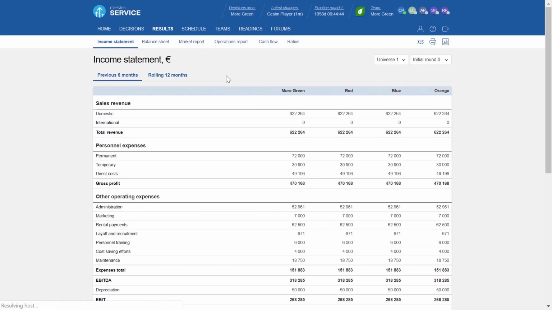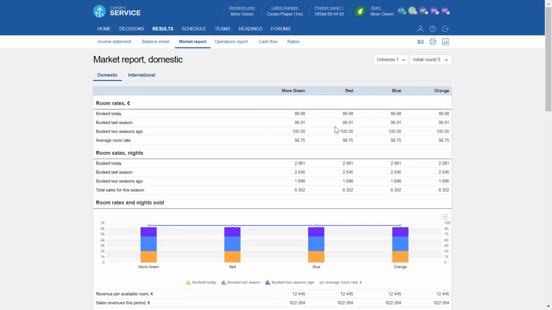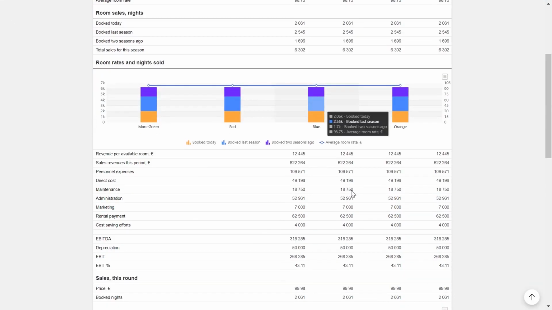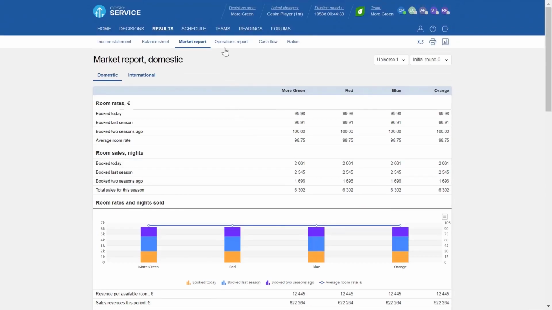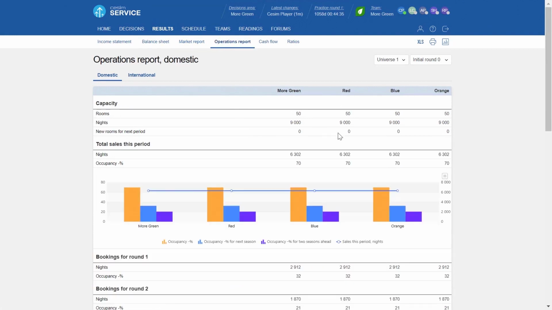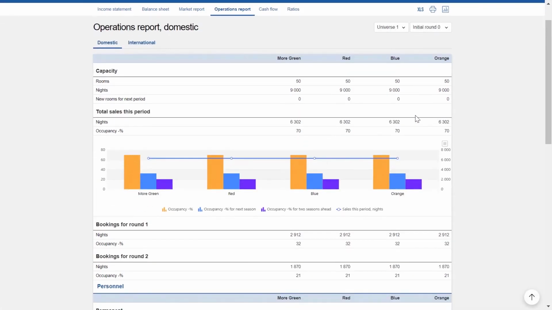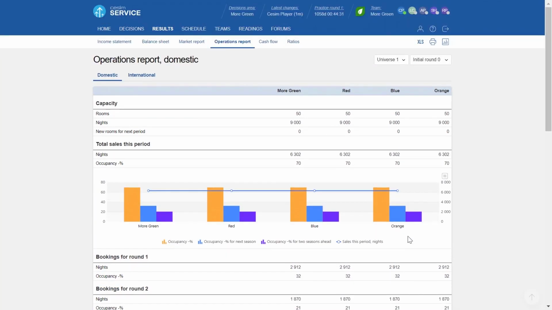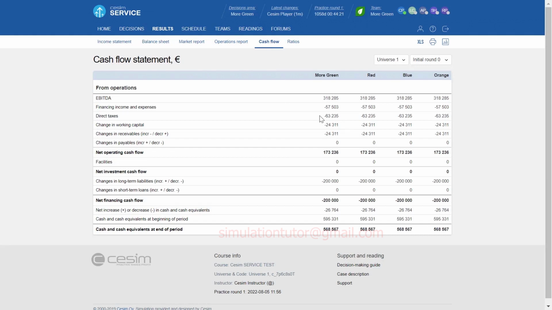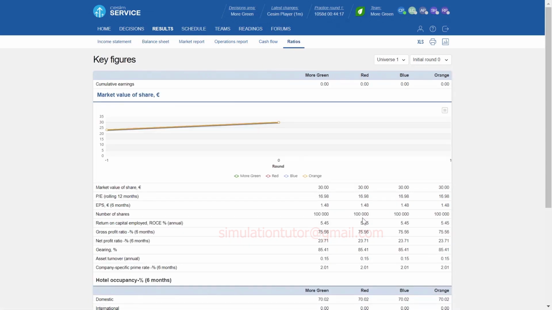Then we have the market report where we are able to see the pricing decisions and sales figures for the different teams. Then we have the operations report where we can see the capacities and possible future capacity increases, and both market report and operations report are available separately for the domestic and international. Then we have the cash flows, again side by side, and then we have different financial ratios.